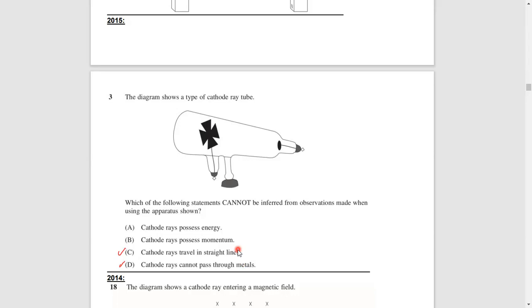I suppose we can still infer they possess energy because of the fact that it would heat up. So I think the best answer here is B. You definitely can infer that it travels in straight lines. It can't pass through metals, as many of the times we've done these Maltese cross experiments. Nothing moves, so we can't say it possesses momentum. But you can assume that it possesses energy because the Maltese cross does heat up.